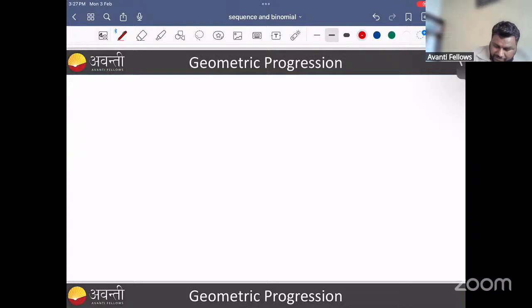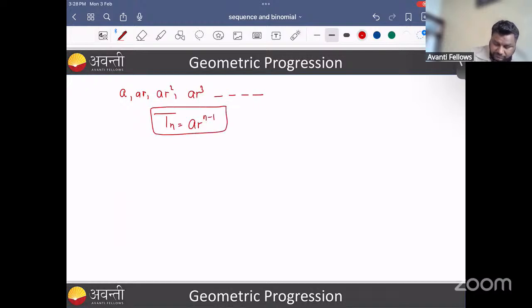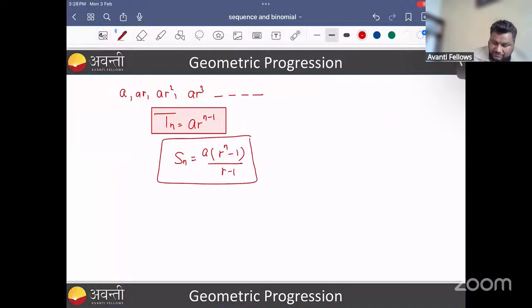The standard appearance of GP, we all know, is A, AR, AR square, AR cube, and so on. So the nth term of this GP is AR to the power n minus 1. And the sum of n terms is A times R to the power n minus 1 upon R minus 1.